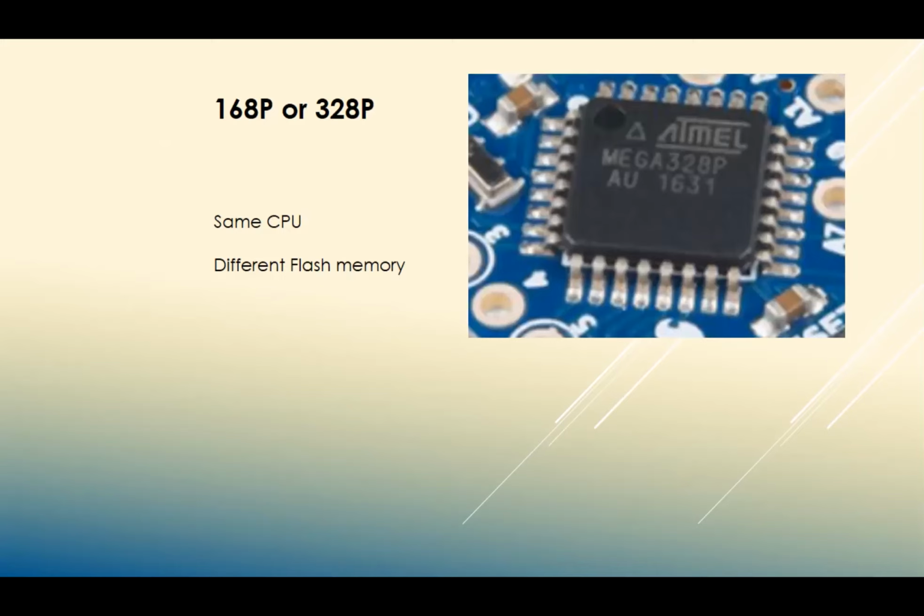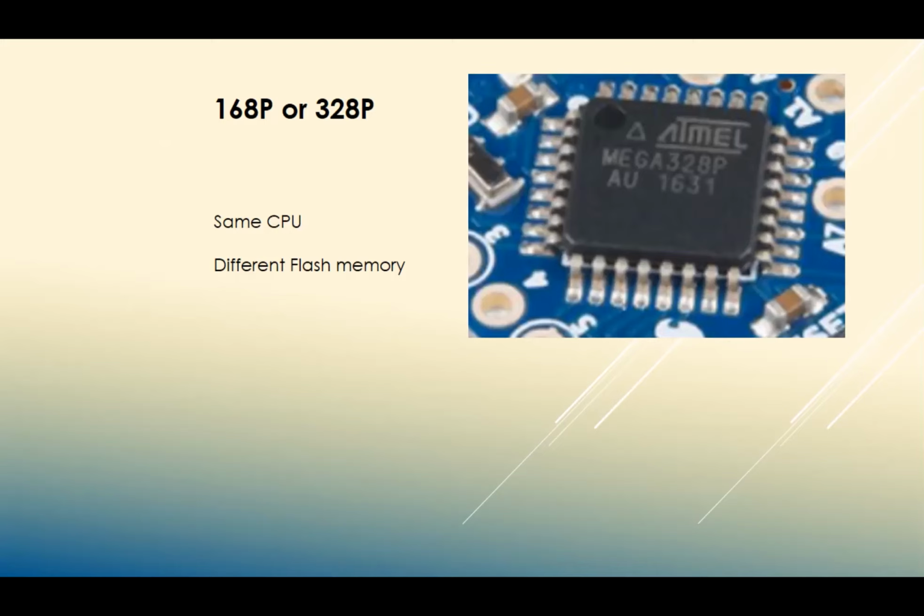The only difference is how much memory the two chips have. If you write a small program, it doesn't matter whether you program it in a 168 or a 328. If you're going to write larger programs, it might overflow the capacity of a 168 and you have to use a 328. It's not a problem nowadays because 168s are becoming less frequently bought anyway.